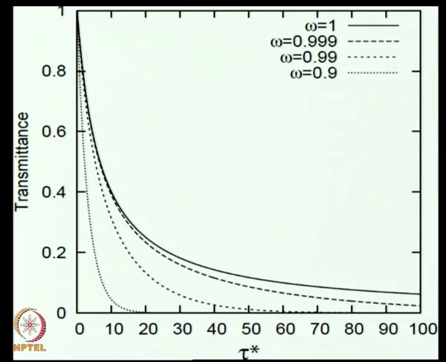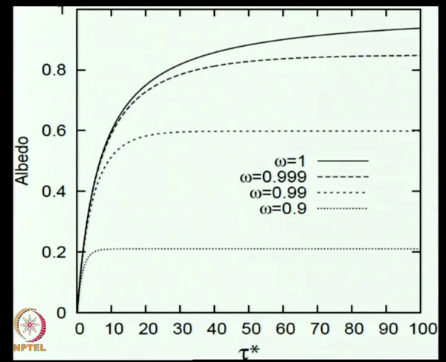Next, we look at the albedo of this cloud, and you see that the albedo of the cloud is dependent on the cloud optical depth, not surprising, and the single scattering albedo.